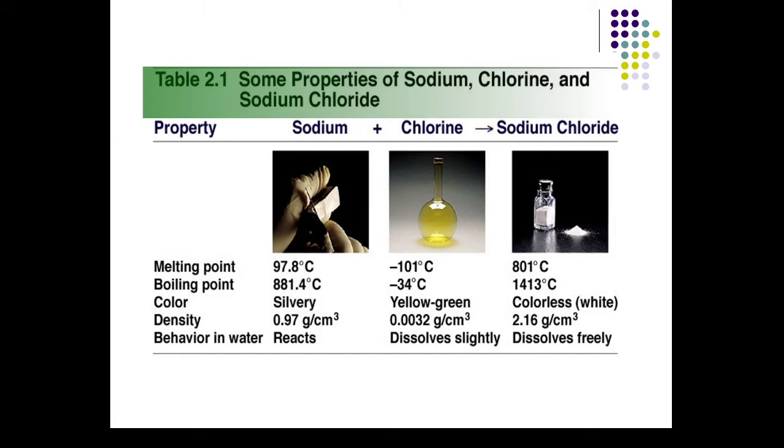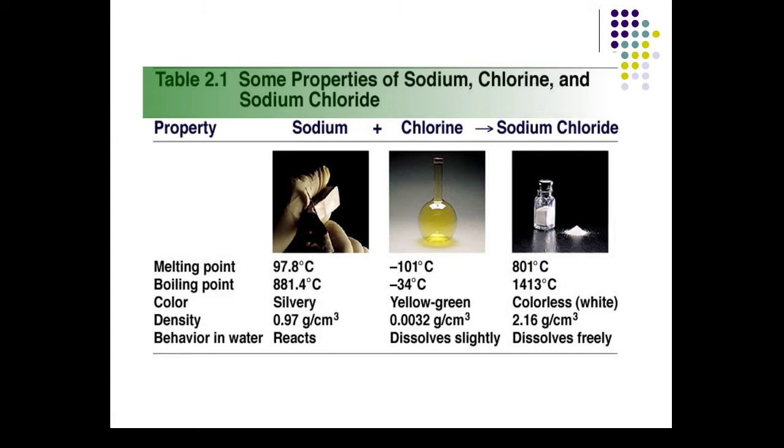However, if I take an element of sodium and an atom of chlorine or Cl2 gas and I interact them together, I get this white powder out. This white powder has a new melting point, a new boiling point, has a different color, has a different density, doesn't react violently with water. We can eat it and not die in small enough quantities. It adds flavor to our food.